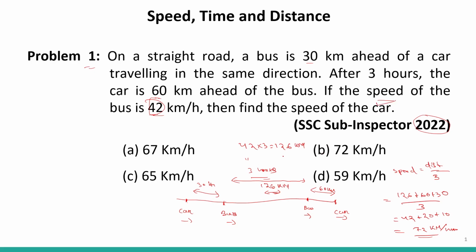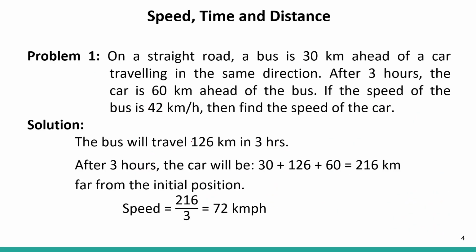Among these four options, A, B, C and D, only option B is the correct one. C, D and A are all wrong answers. Let's go forward with the step-by-step solution. The bus will travel 126 km in 3 hours because its speed is 42 km per hour.